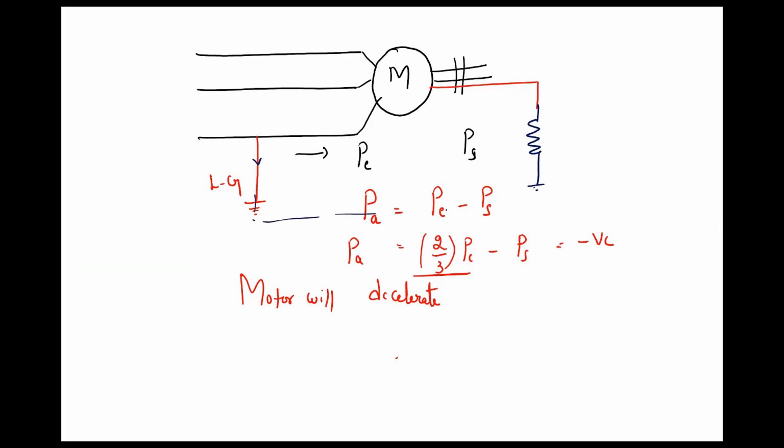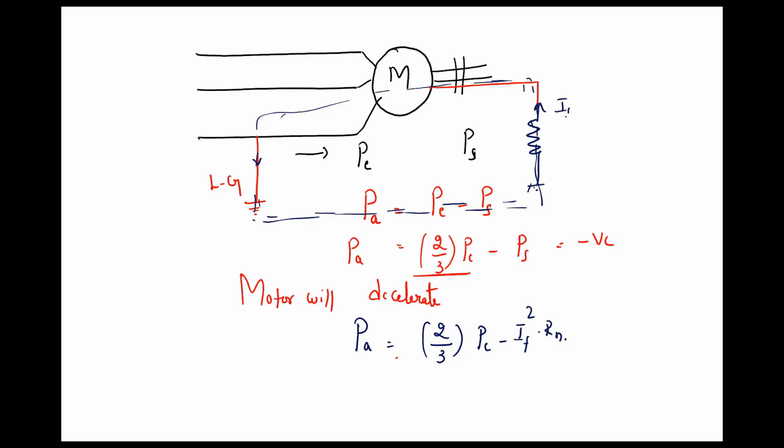Whatever fault current flows, it will flow in this path. We know that. So what will happen? It will further increase the deaccelerating power. Why? Because in this case, PA will become, already the input is less. Again, there is a reduction in the input power in the form of IF square into Rn. This being IF, this is Rn. And then this minus PS. So overall, PA, the deaccelerating power, will increase.